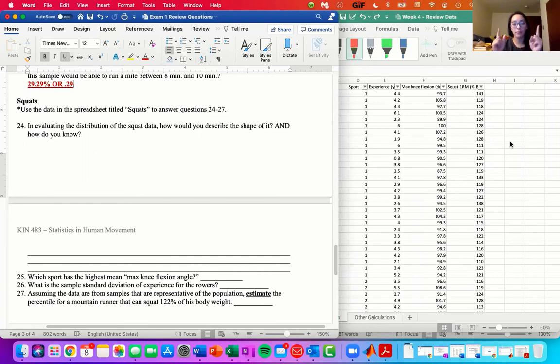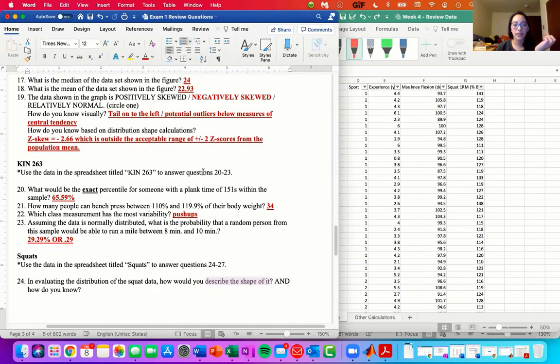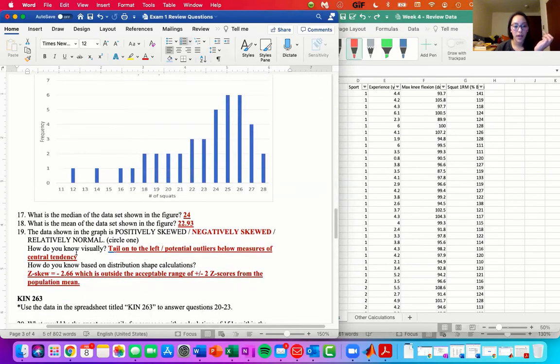Because we have that plus or minus 2 cutoff. So if I ever ask you to describe the shape, always default to performing skewness and kurtosis calculations. The only exception was up here where I said, how do you know visually?